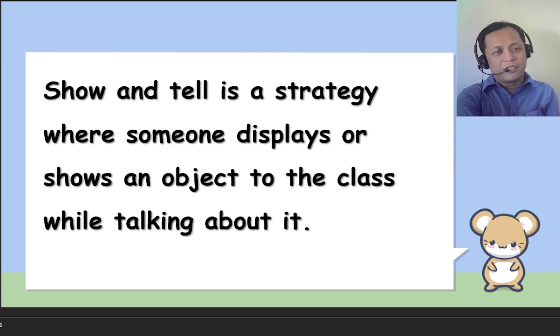No? So for example, we have show and tell about your favorite toys, in which you are asked to bring your favorite toys into school, no, and discuss or give information about your favorite toys. So that is what we call show and tell.